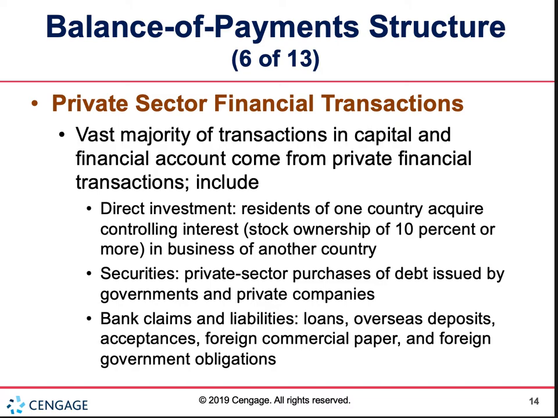These consist of loans, overseas deposits, acceptances, foreign commercial paper, claims on affiliated banks abroad, and foreign government obligations. Bank liabilities include demand deposits, and NOW, which stands for negotiable order of withdrawal, and certificates of deposit. So those are some of the key things that they take into account.